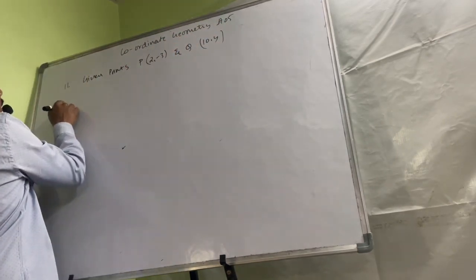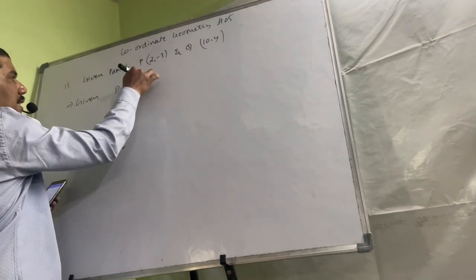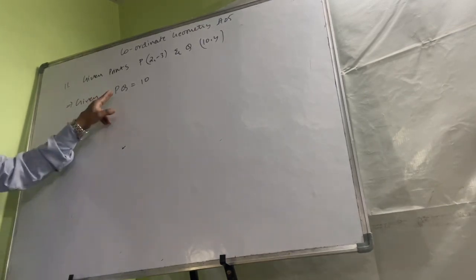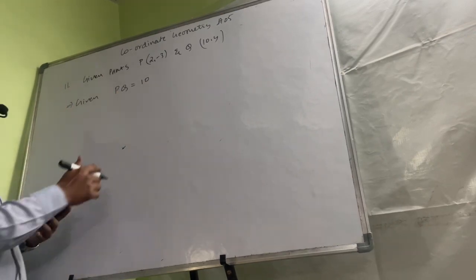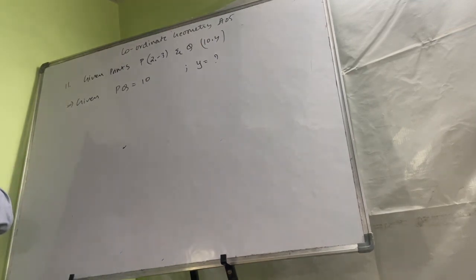The distance between these two is 10. Distance we'll write like this only, PQ equals 10. Then we need to find the y value. Clear with this point everyone?